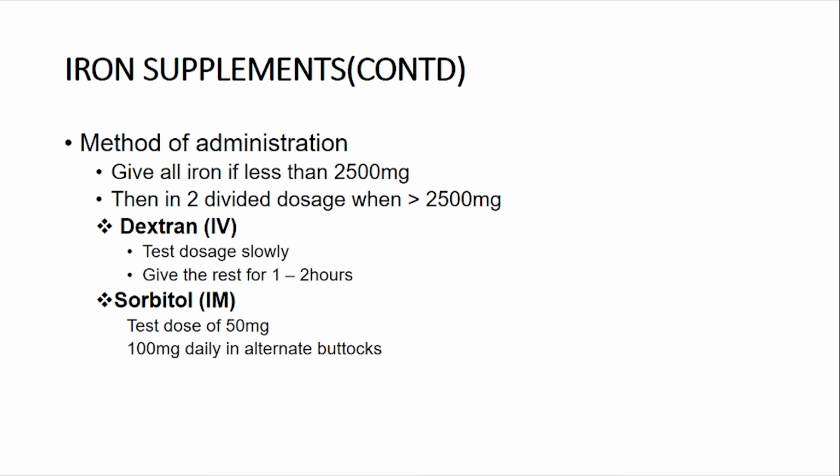And also to give the iron dextran intravenously, a test dose needs to be given slowly before giving the rest 1 to 2 hours after. And for iron sorbitol, which is given intramuscularly, a test dose of 50 milligram needs to be given first, followed by 100 milligram daily dose in alternate buttocks.